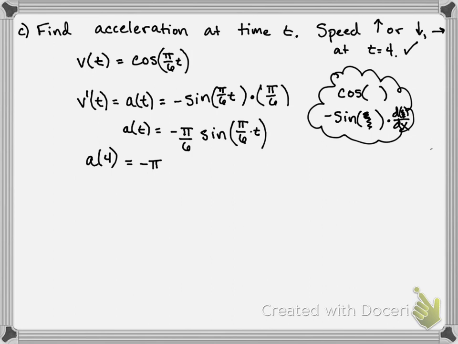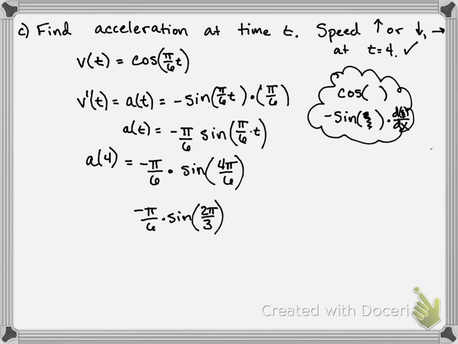That's negative pi over 6 times the sine of pi over 6 times 4. Are y'all okay if I just write 4 pi over 6? Okay. Now I simplify and then look at my unit circle. 4 pi over 6 is actually 2 pi over 3, right? So this is really negative pi over 6 times sine at 2 pi over 3.